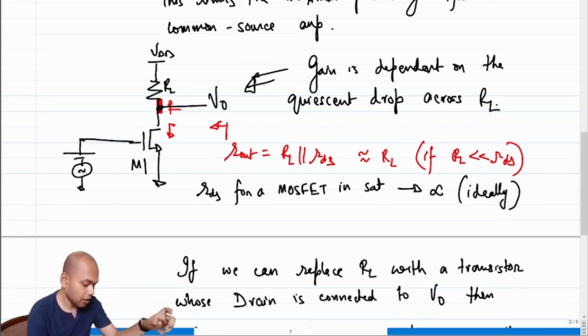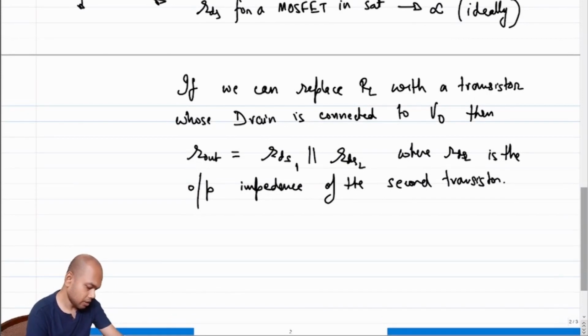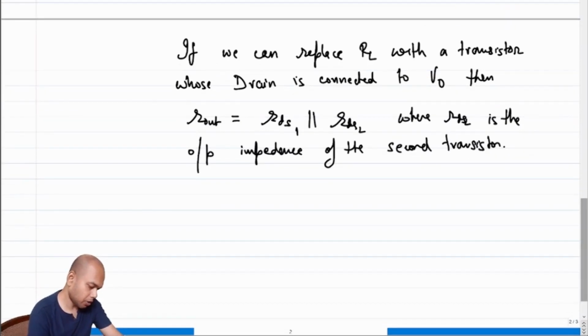However, the quiescent drop across a transistor does not determine RDS. So this is possible.